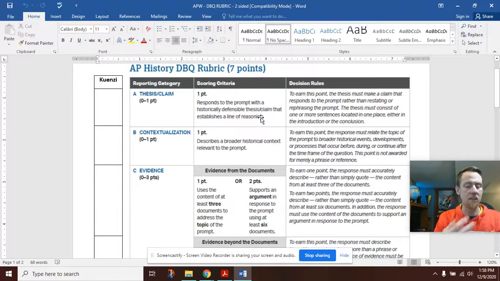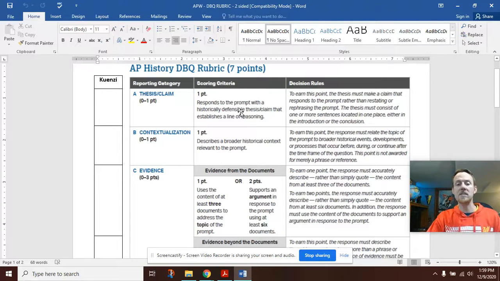So if you just said that the 30 Years' War was caused for a bunch of reasons, that does not answer the prompt. If you said it was caused primarily by religious causes, that still does not establish a line of reasoning. If you said it was caused by religious causes like Protestantism, that's still not a line of reasoning, because what does Protestantism mean as far as a cause?